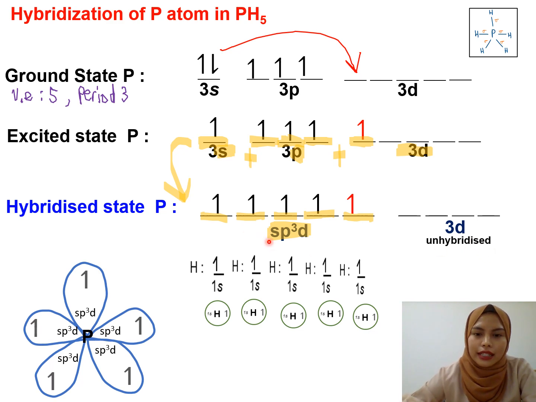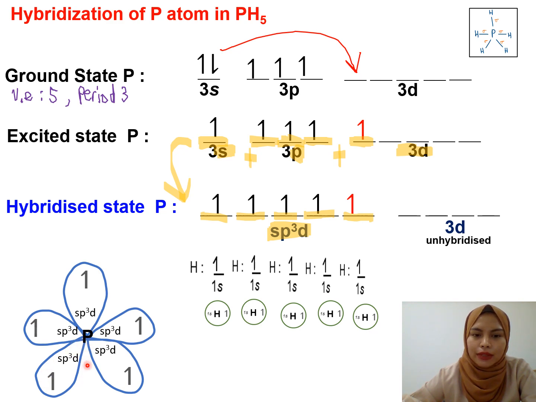Okay. Since you have determined the hybridized state of P is indeed sp3d, you can draw the hybrid orbitals for the phosphorus atom. So for sp3d, the shape of its hybrid orbitals is trigonal bipyramidal.